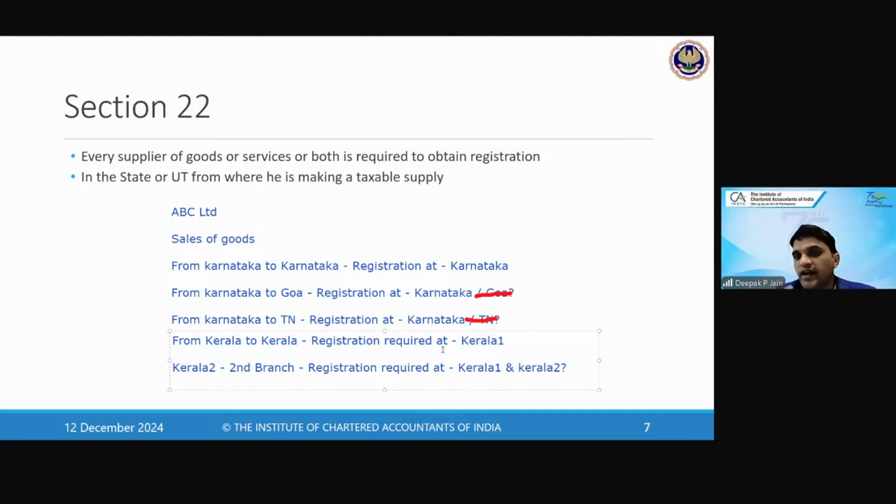In one state, you can have multiple registrations. So separate registrations are not required. Registration at Kerala 1, what is there? That you can add here as an additional place of business.